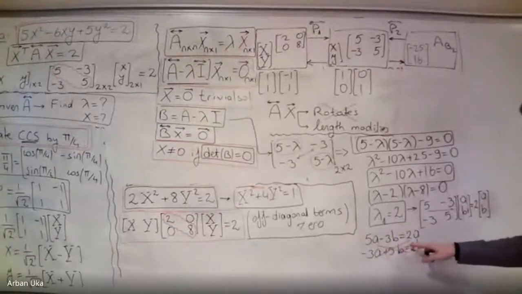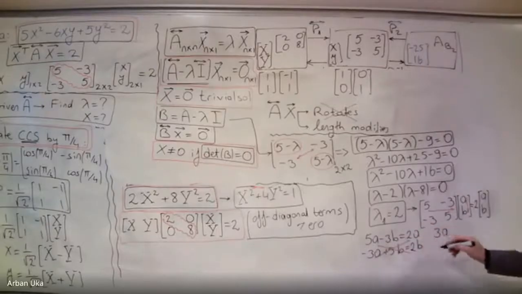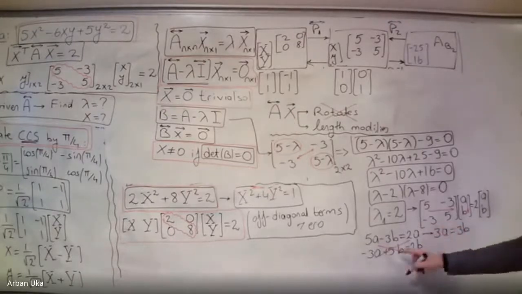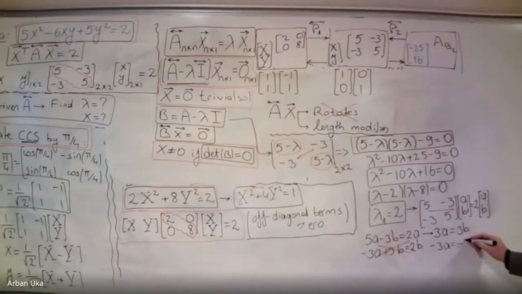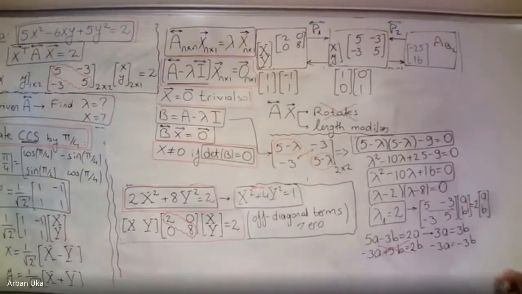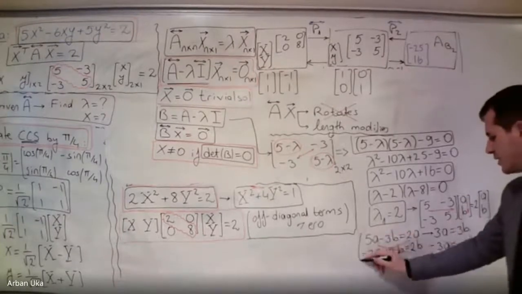The first equation gives 3a equal to 3b. The second equation, if we look again, gives minus 3a equal to minus 3b, so we take 5 outside. They are equivalent and give the same result, a equal to b. So it looks like we have two unknowns, but in principle we have only one equation.